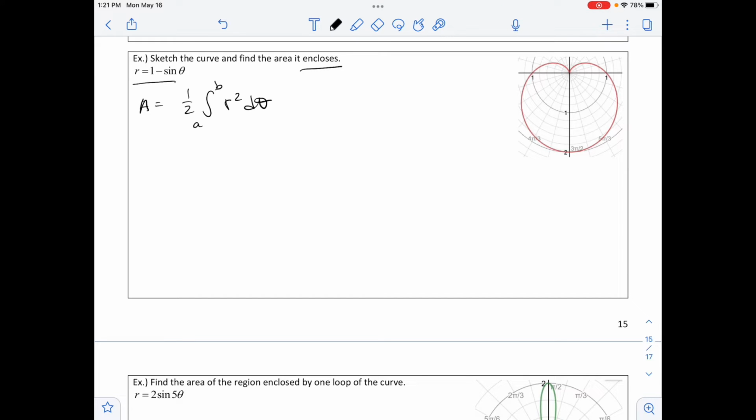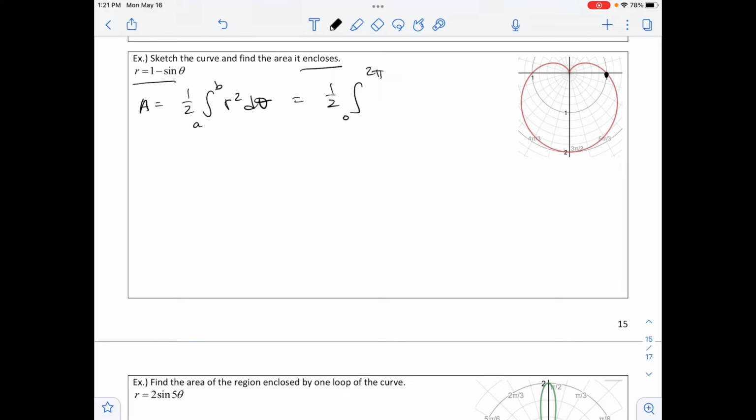And so if you notice, we start and stop in a certain spot because it's creating a circle with these polar coordinates. And so for this, I'm going to go ahead and use from 0 to 2 pi. So this is going to be 1/2 times the integral from 0 to 2 pi of r squared.